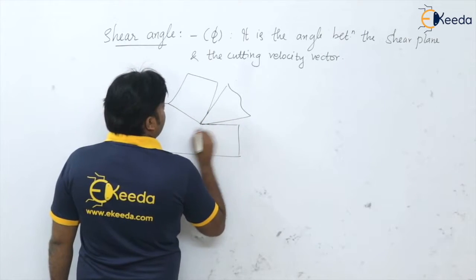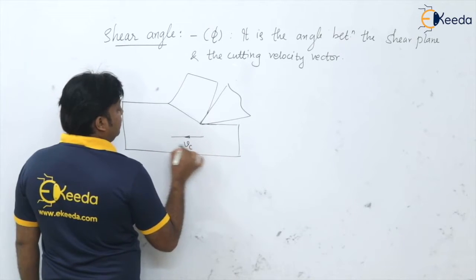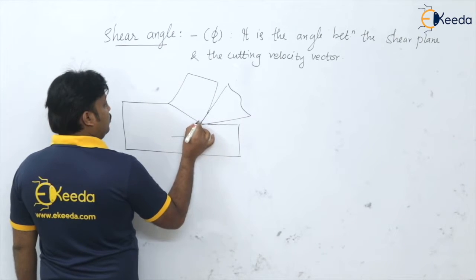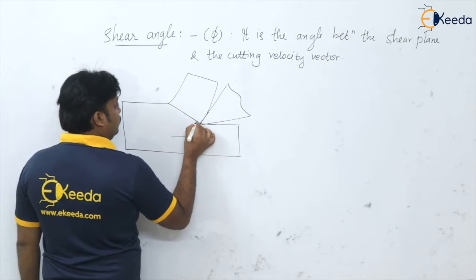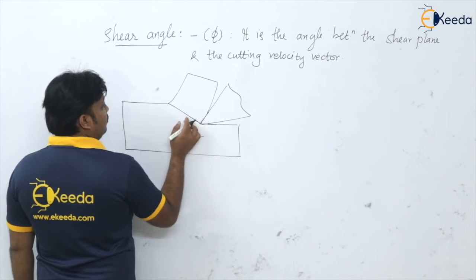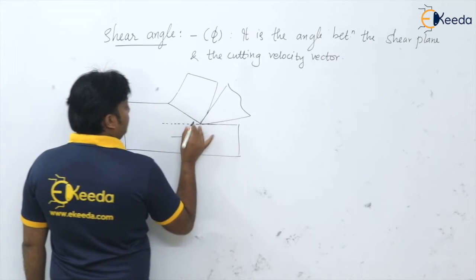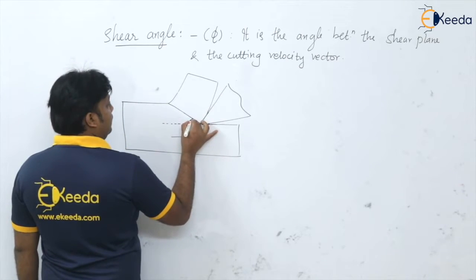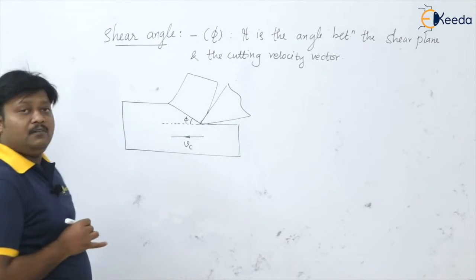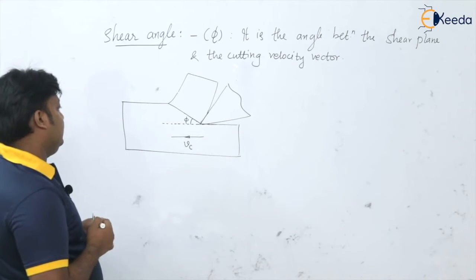If this is the cutting velocity vector, and this is our shear plane where actual breaking of the bonds of the material takes place and material is shearing, then the angle between this shear plane and the cutting velocity vector is our shear angle phi, and we are going to determine its value.